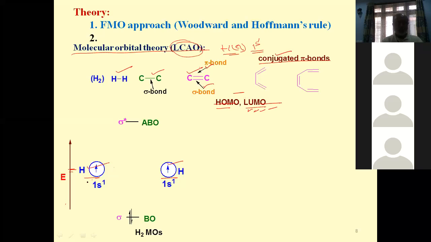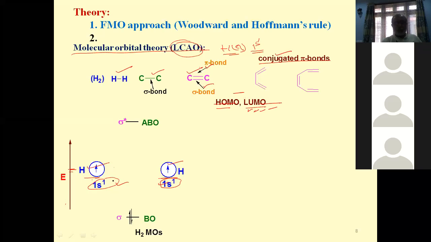One atomic orbital, 1s1, combines with another 1s1. So it is atomic orbitals combining to give molecular orbitals, not the electrons combining. Some of you may have the concept that electrons are combining. It is not electrons, it is the atomic orbitals that are combining.